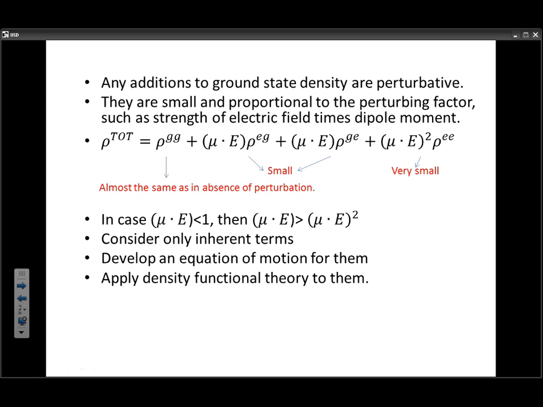When the perturbation is weak and the dipole moment times electric field is smaller than 1, then it's larger than its square. So we only need to consider first-order terms and develop an equation of motion for them and apply the density functional theory for them.